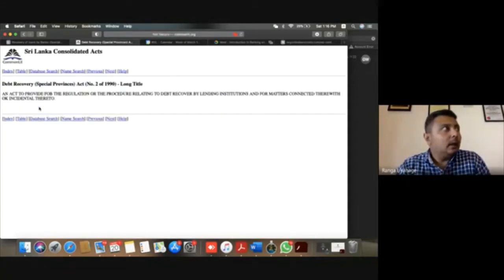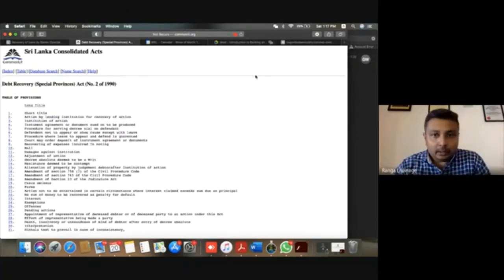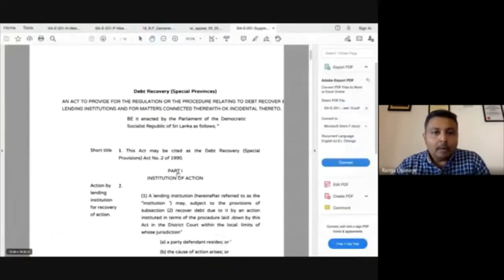As per the long title, this is an act to provide for the regulation of the procedure relating to the debt recovery by lending institutions, matters connected therewith and incidental thereto. So what I spoke of up to now is the regular procedure, right? But here they are talking about another procedure relating to recovery of debt.